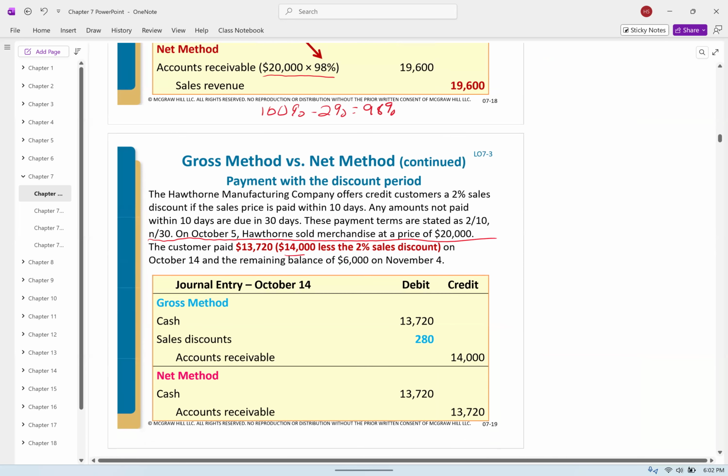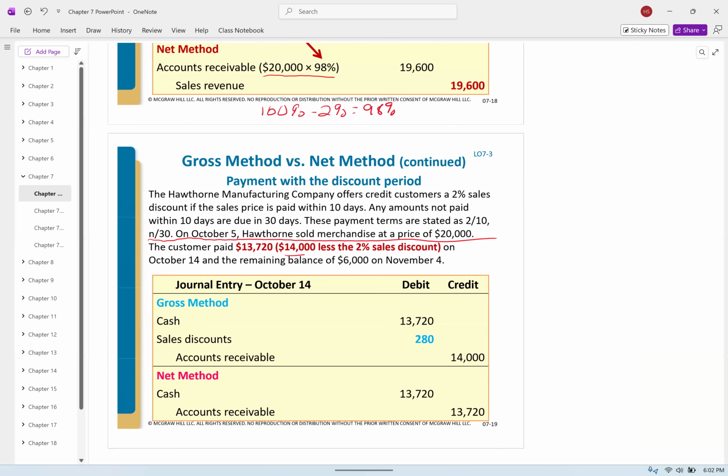So the gross method, we did not assume that they were taking that discount. We are going to debit cash because they're sending us 13,720, but we still have to take 14,000 out of our accounts receivable. So I'm going to do the T account under the gross method right here.